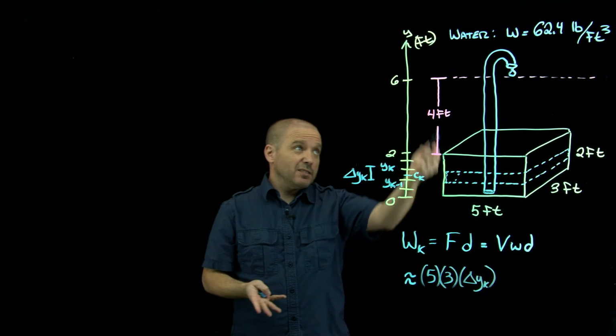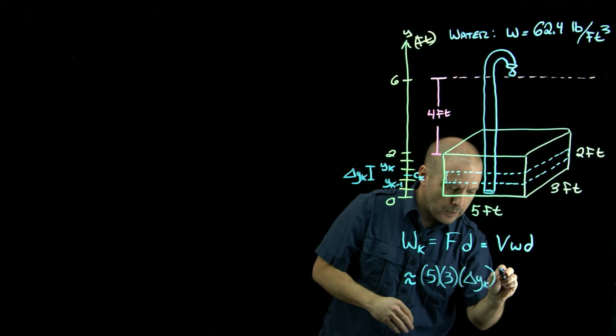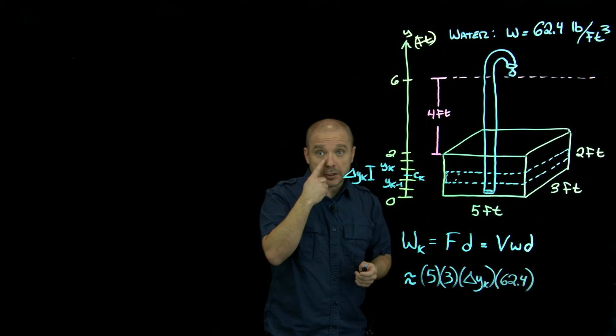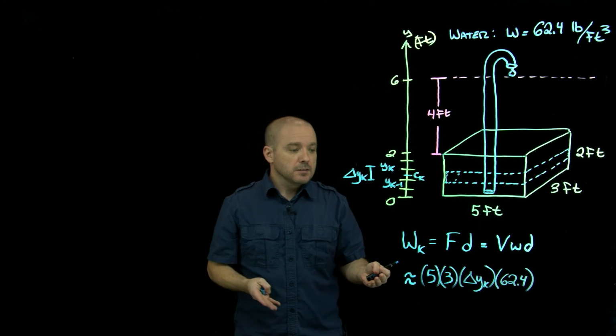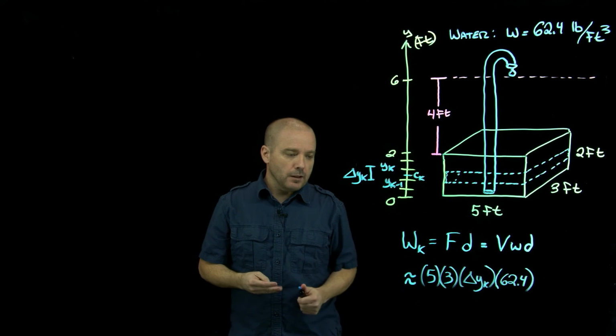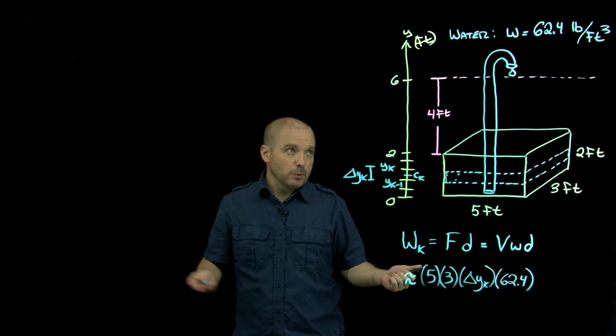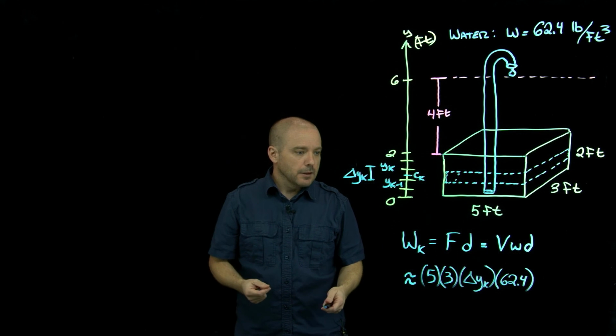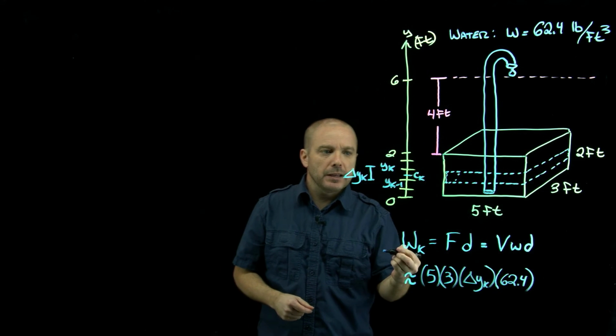Weight density was given. That'll always be given to us in a problem, 62.4. And I don't expect you to remember physical constants, so you don't have to memorize that that's 62.4. That'll always be provided for us, whatever the liquid is. It could change if this was crude oil or something else. And then how far is it being displaced?